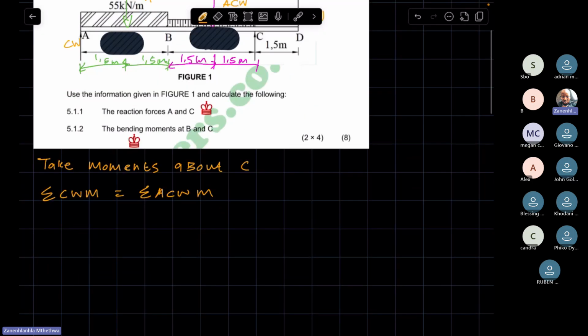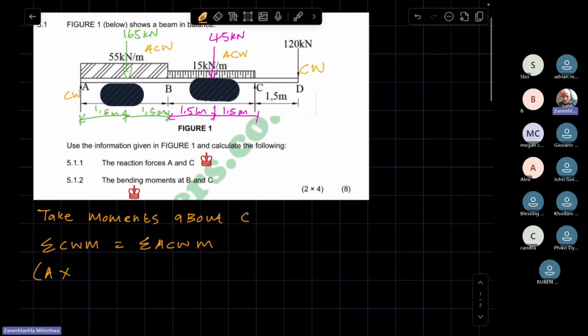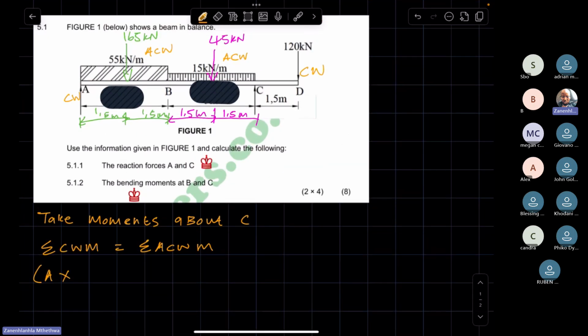So under clockwise moments, you have the reaction at A that you multiply by the distance from A to where you're taking moments about. You're taking moments about C. So what is the distance from here to there? 6 meters.